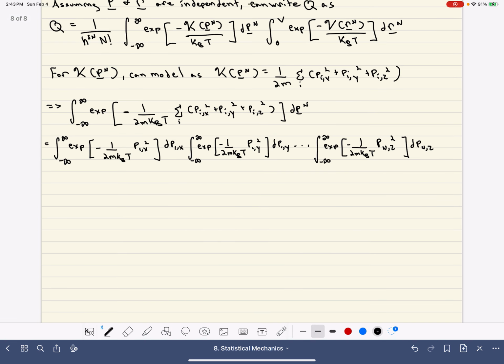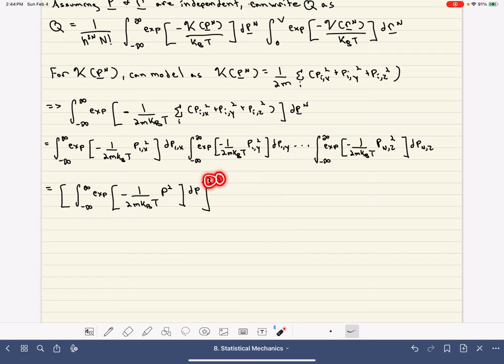We have a lot of integrals, but of course we could condense this again by writing it like this: negative infinity to infinity, exponential of negative 1 over 2m kBT, just p squared, dp raised to the 3N, which accounts for the number of particles and then the 3 directions.